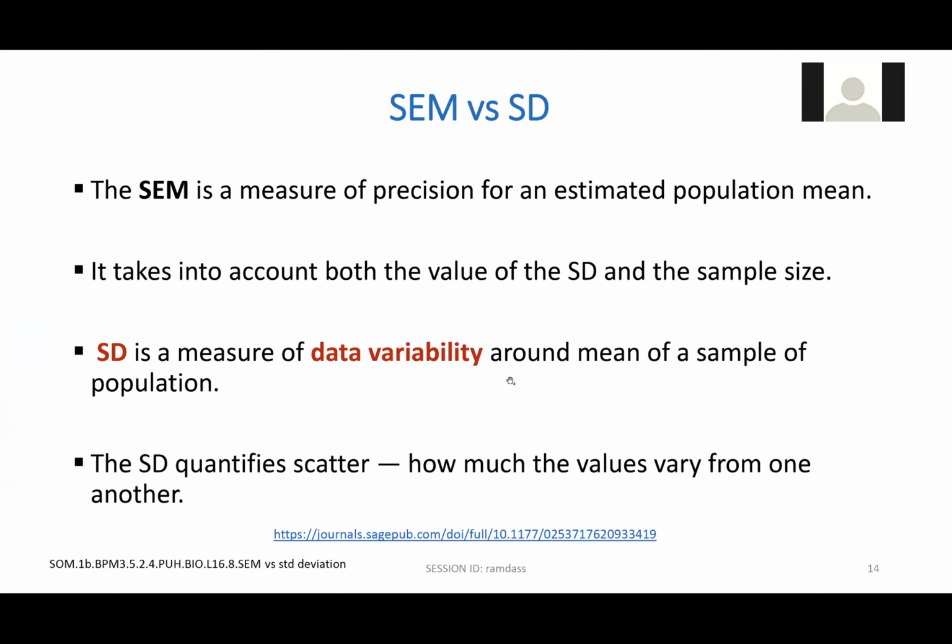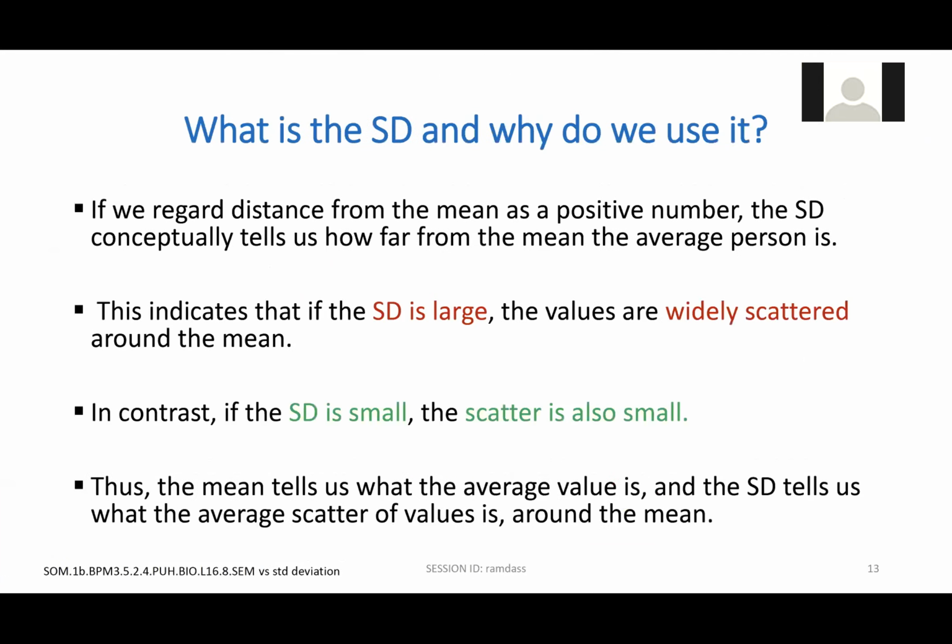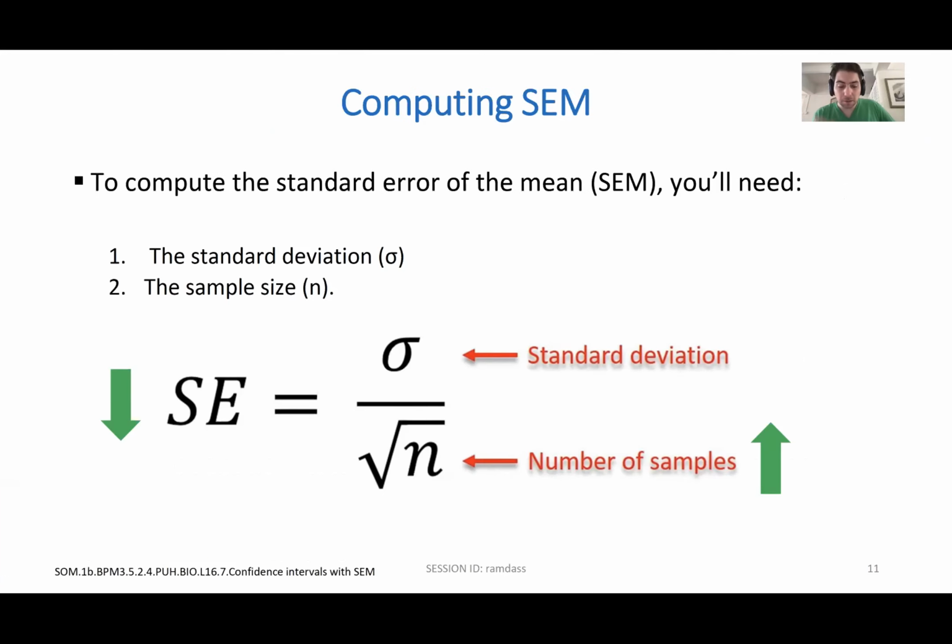Hey, Brady, I have a quick question. Yeah, sure. When do we use n versus n-1? For calculating SEM? Yeah. This is the only equation that I think you need to know.